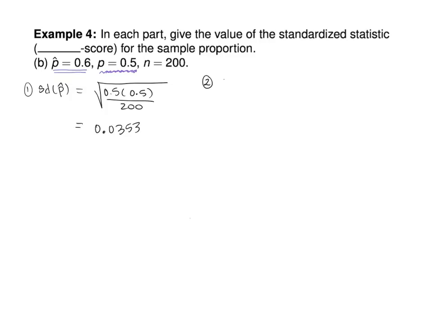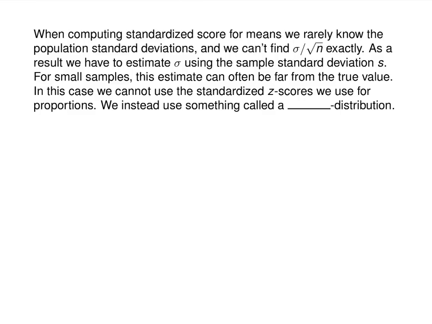And then the Z-score is 0.6 minus 0.5 over this 0.0353, which is about 2.828. So in that case, you're almost 3 standard deviations above the mean if you observe a p hat of 0.6.